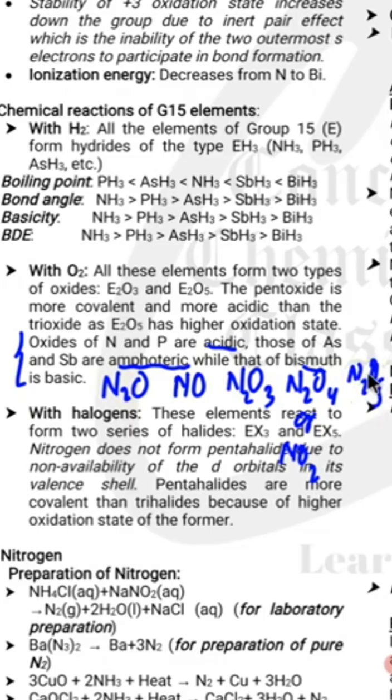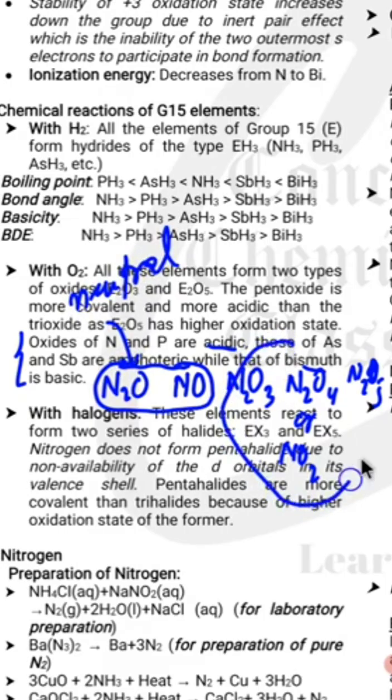Between these five or six oxides of nitrogen, the first two, nitrous oxide and nitric oxide, are neutral, not acidic, while the remaining oxides of nitrogen are acidic in nature. This is also called laughing gas.